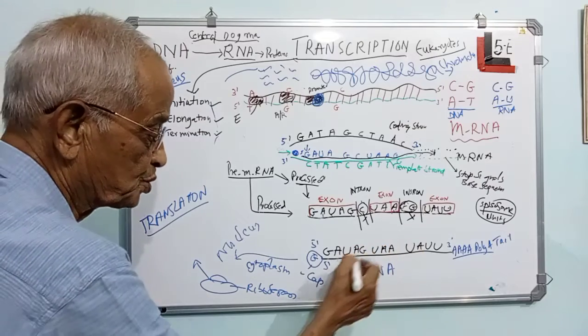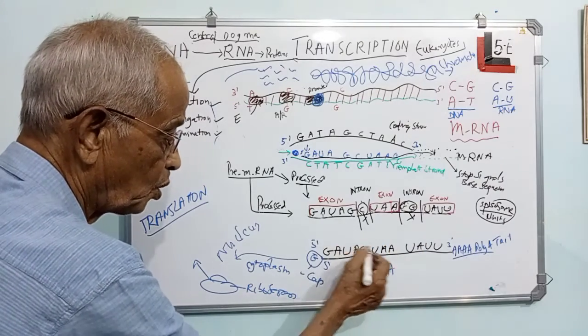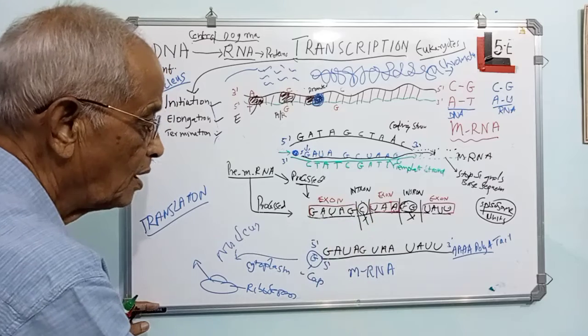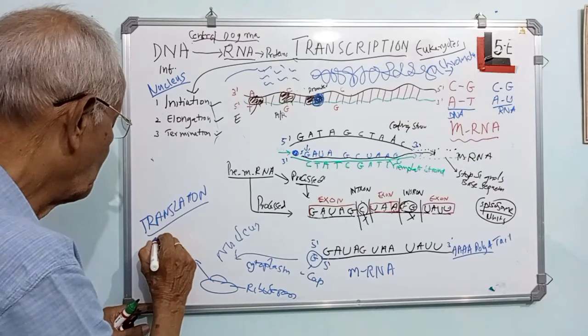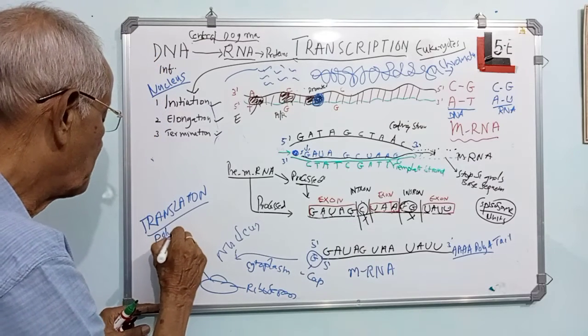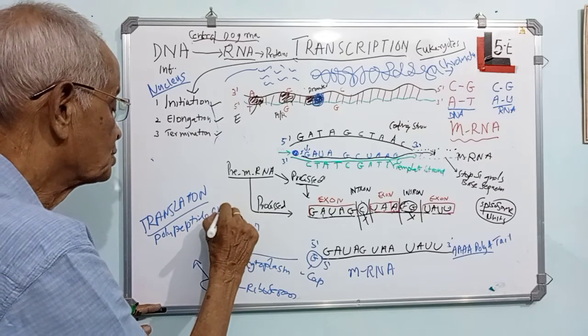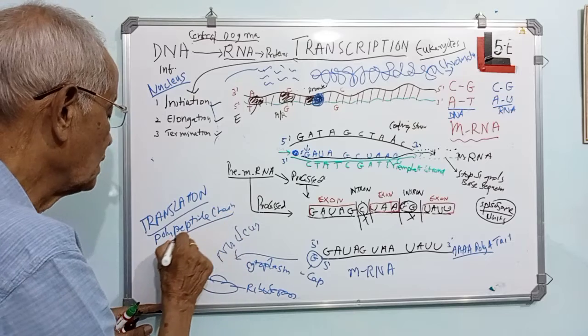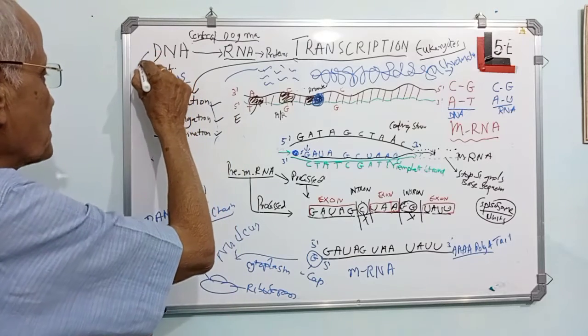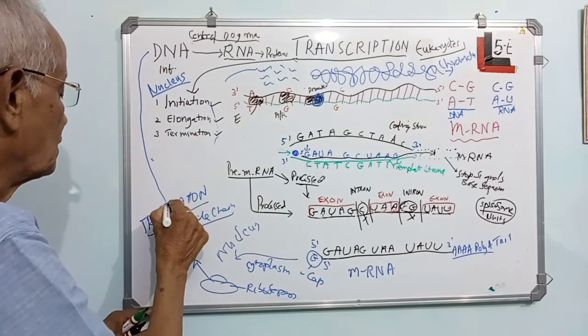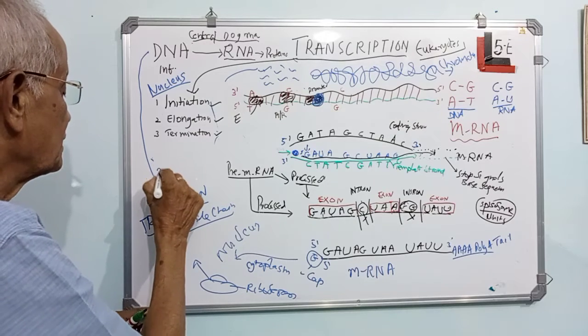Here, the codes will be made available to form a polypeptide chain. So this polypeptide chain is formed based upon the information that is received by the mRNA.